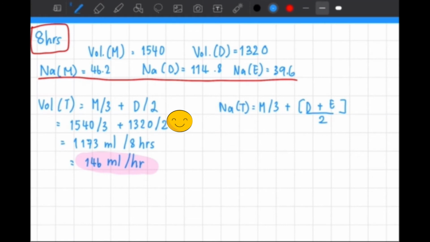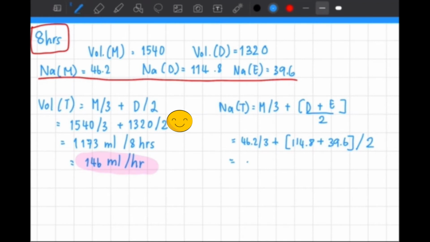Okay, so what we would get is 46.2 divided by 3 plus 114.8 plus 39.6, and this would then be divided by 2.